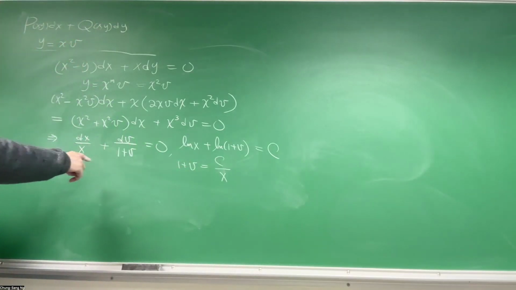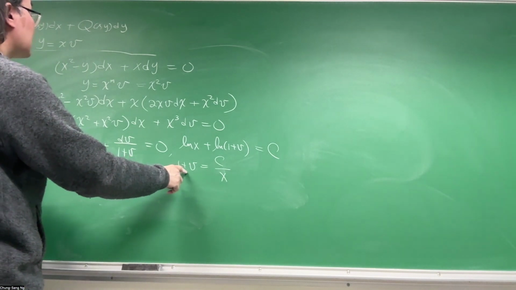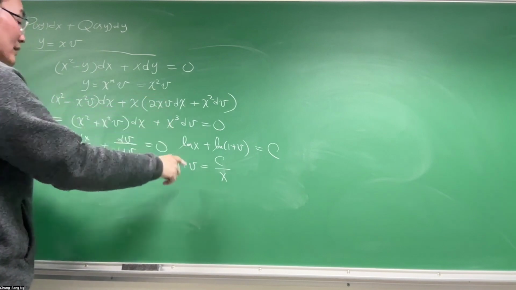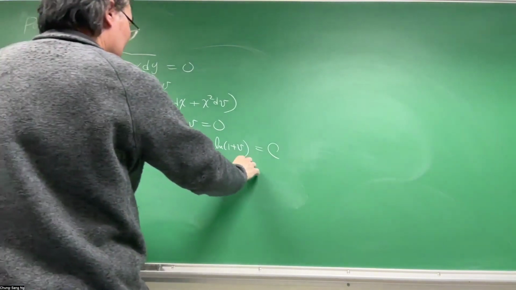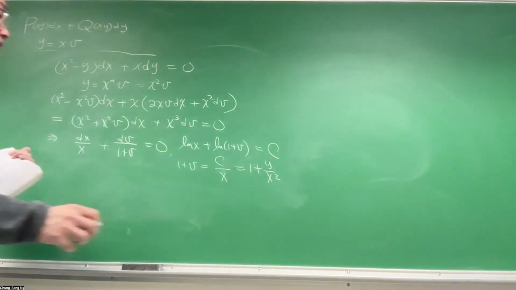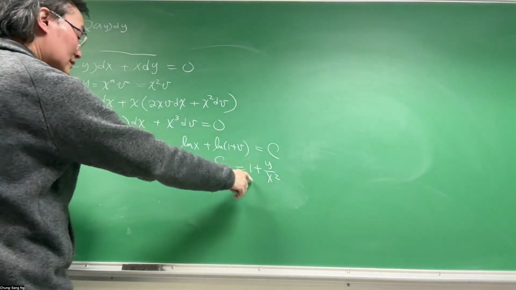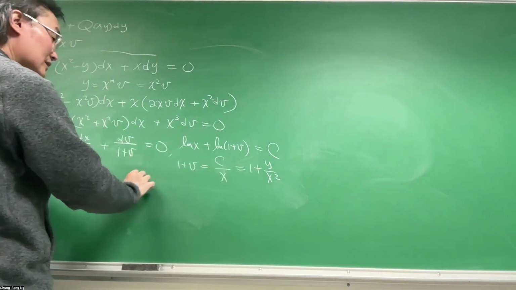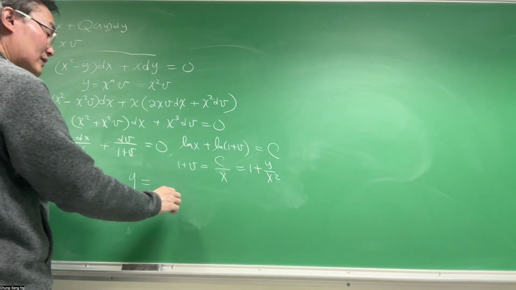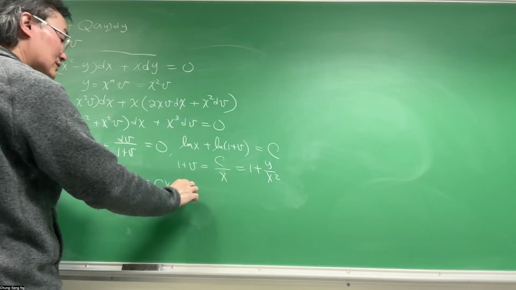And v is y over x squared. Then you can solve for y. So y is multiplied by x squared. So c times x minus x squared.